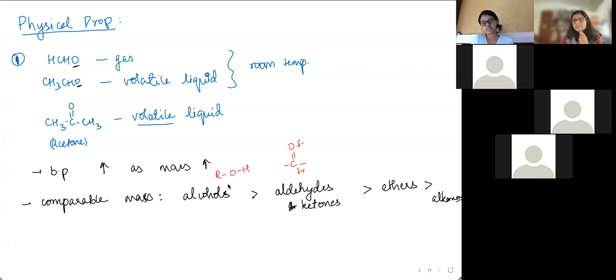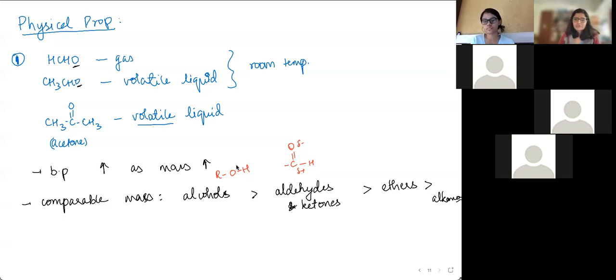Steric hindrance. Hmm? Steric hindrance. Not really. What is the fundamental difference between the structure of alcohol versus structure of aldehyde? There's a presence of H atom. Where? Because there's H everywhere. Oh, there is no H attached to the oxygen atom.